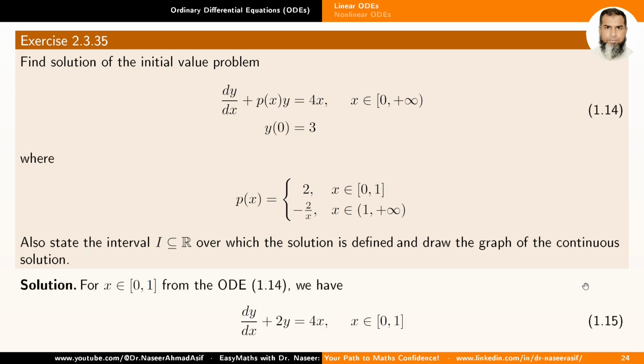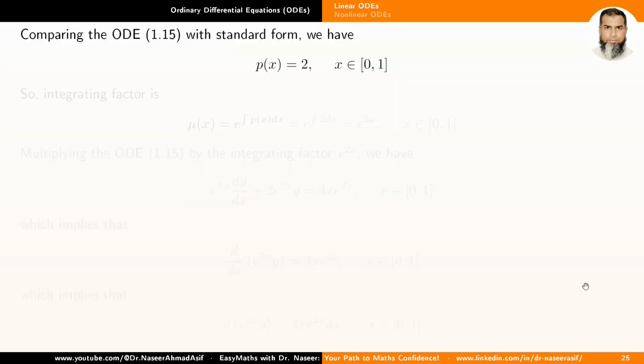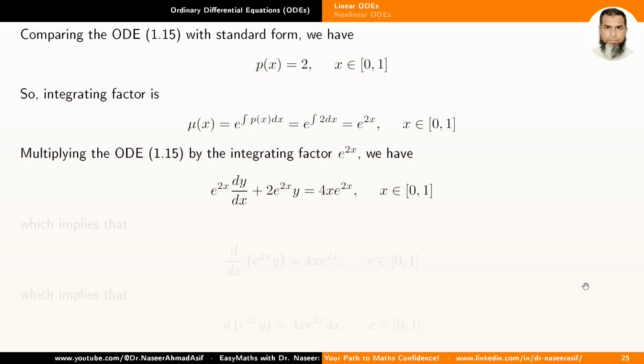For x ∈ [0,1], from ODE 1.14 we have dy/dx + 2y = 4x, where x ∈ [0,1]. Comparing ODE 1.15 with the standard form we have p(x) = 2, x ∈ [0,1]. So the integrating factor is μ(x) = e^(∫p(x)dx) = e^(∫2dx) = e^(2x), where x ∈ [0,1]. Multiplying ODE 1.15 by the integrating factor e^(2x), we have e^(2x) dy/dx + 2e^(2x) y = 4x e^(2x), where x ∈ [0,1].